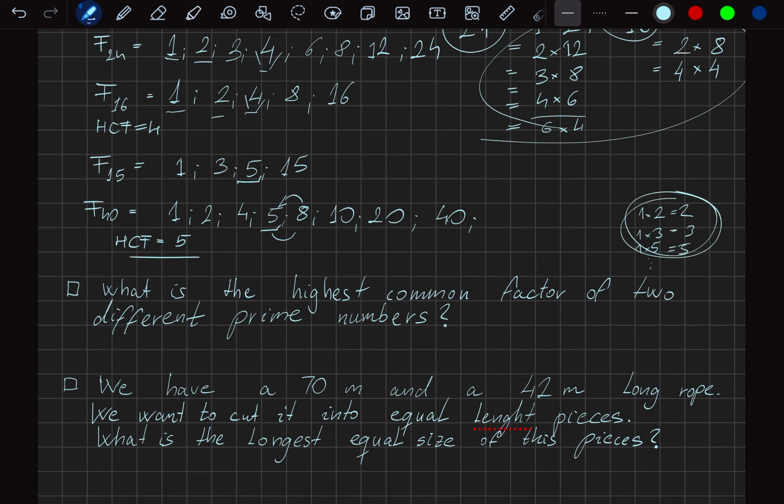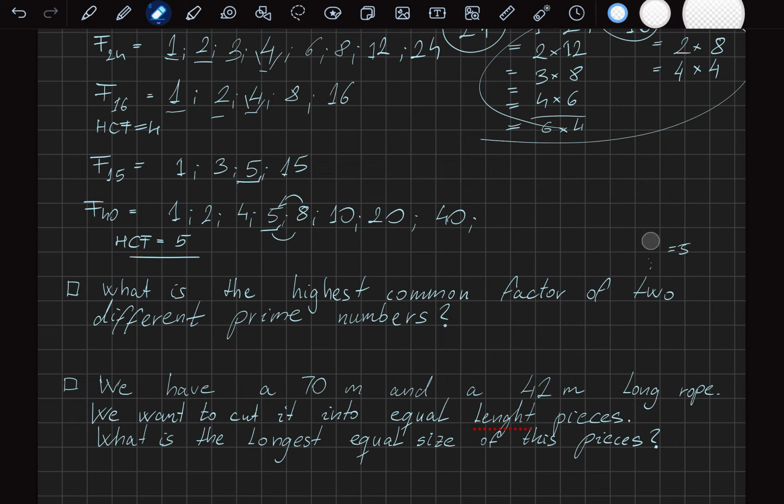It means the common part is just the 1. And any other number needs to be different, because if it's not different, then they are not different prime numbers. So this is why the only highest common factor of prime numbers is 1.